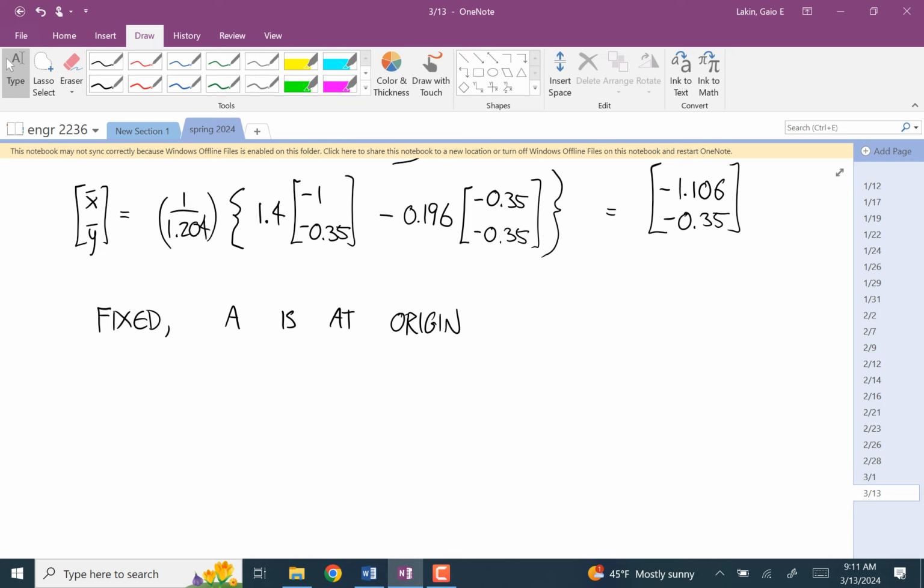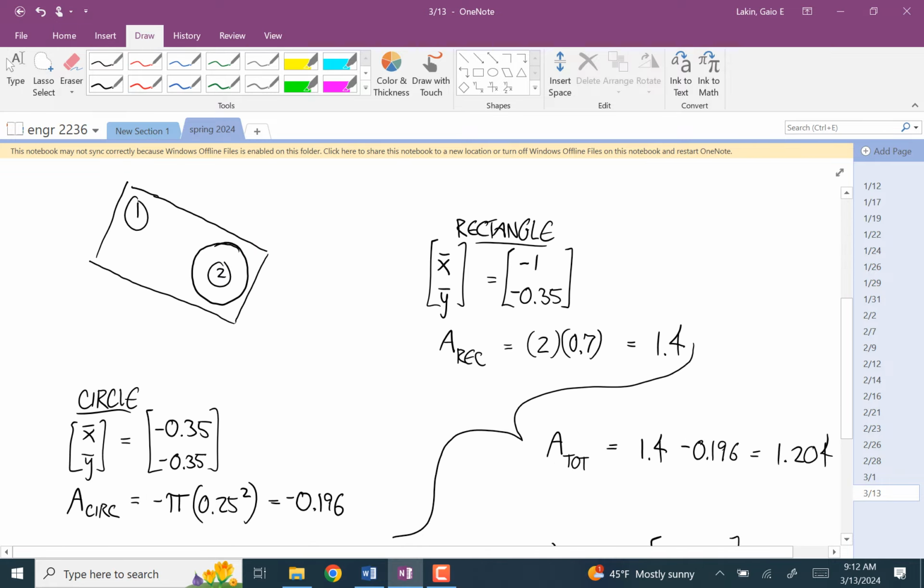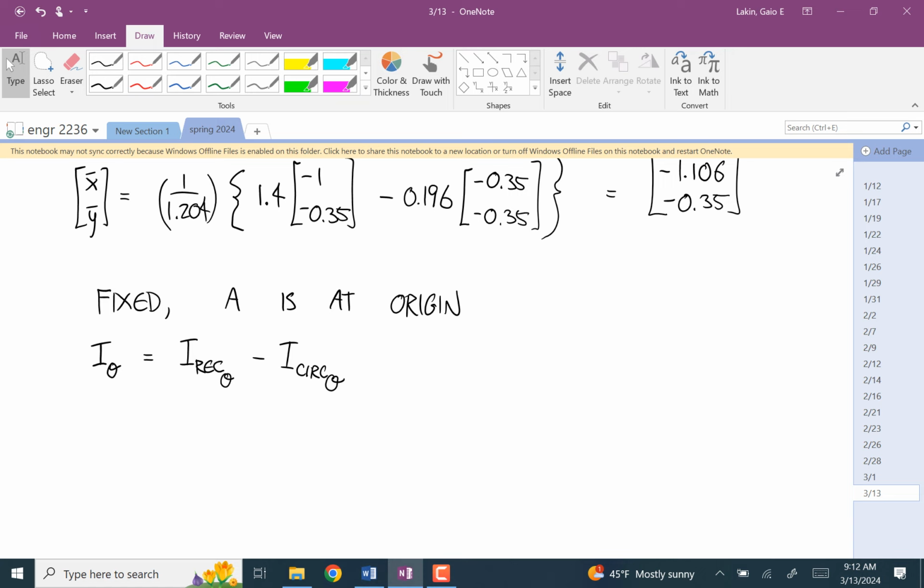Let's see, so we're going to go that the mass moment of inertia about the origin is the mass moment of inertia of the rectangle about the origin minus the mass moment of inertia of the circle about the origin. So we got to figure out the ratios of these masses.